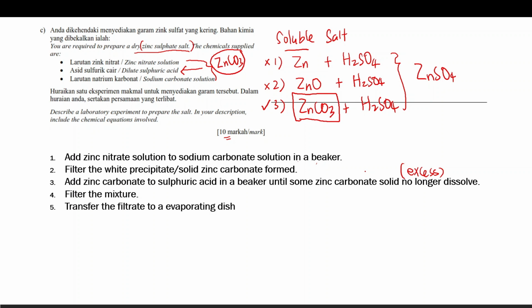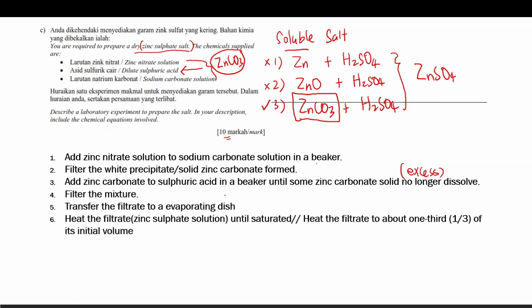Then we transfer the filtrate into an evaporating dish. We heat the filtrate, which is zinc sulfate solution, until saturated, or until about one third of the original volume remains. Then allow the solution to cool to room temperature.